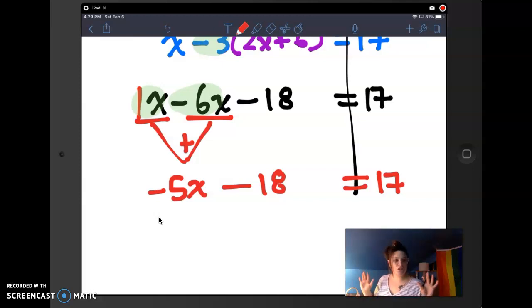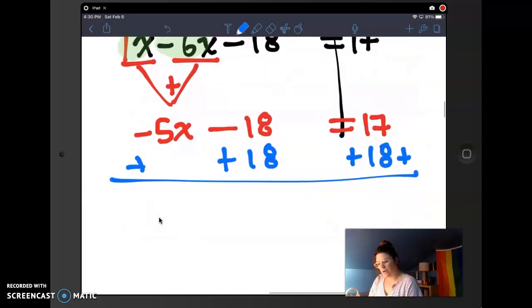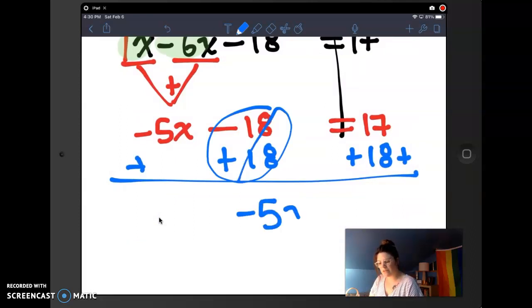Again, now it's just a two-step equation. All we've got to do is create a 0 with the ones first. Always add or subtract the group of ones depending on if it's a positive or a negative. That creates a 0, so we're close to getting our x alone. 17 plus 18 is going to be 35.